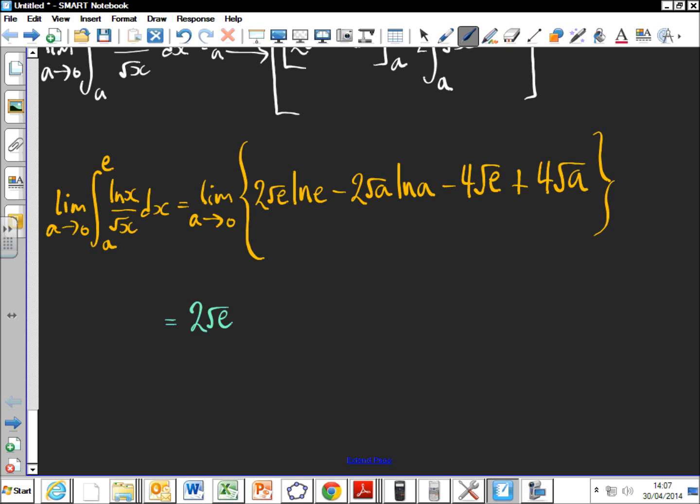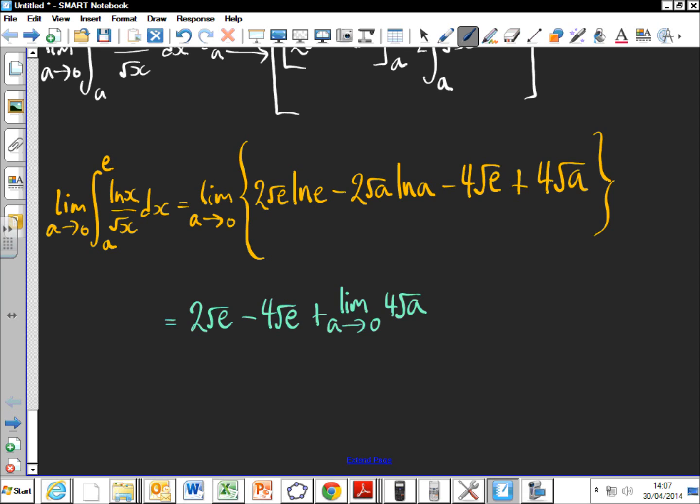Anything else without any a's in? Minus 4 root e. Okay. And then I'm just going to think about these things with the a's in. I'm going to be adding on 4 root a. I'm going to keep the limits there for the time being, Charlie, okay? So I'm going to think about what happens when that goes to 0. I think you can probably see it just goes to 0.